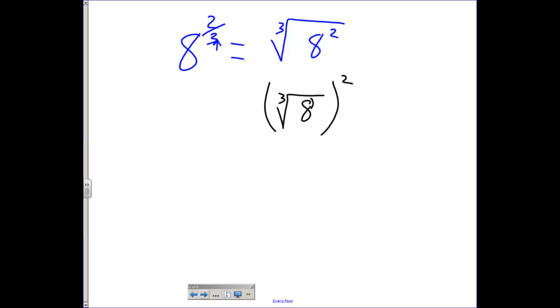This is one of the rare cases where it does not matter which one you do. And in fact, it's even easier to do it this way, because the cube root of 8 is just 2, and we still have a power of 2 on the outside, and 2 times 2 will give us 4. So if you have a calculator that can do exponents using fractions, and you were to put 8 to the 2/3 power in it, you'll see that it evaluates to 4.